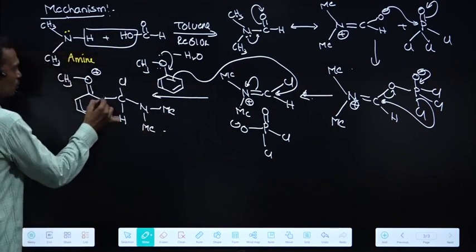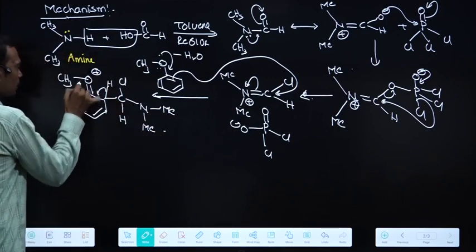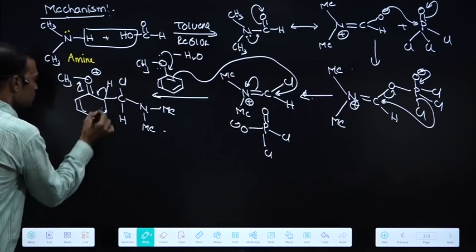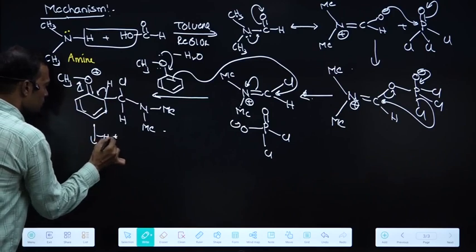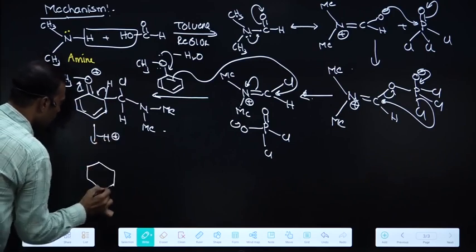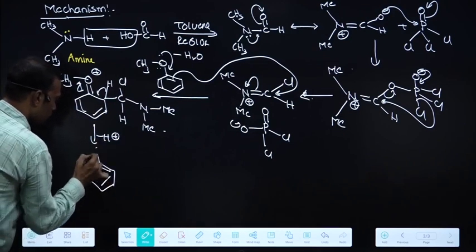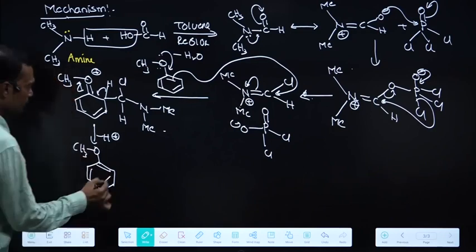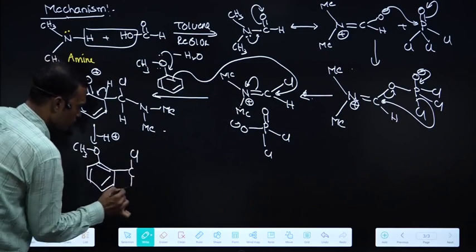Later on, this hydrogen will be removed. So a shift of proton will take place, a loss of hydrogen takes place, followed by loss of proton. Now remove that proton. So now this is chlorine and nitrogen.